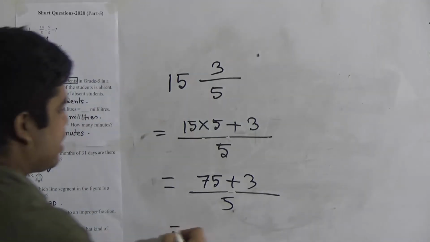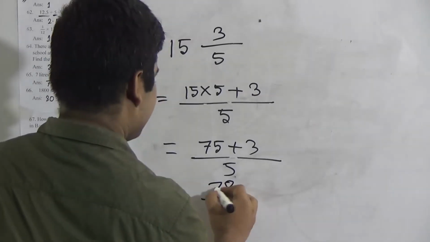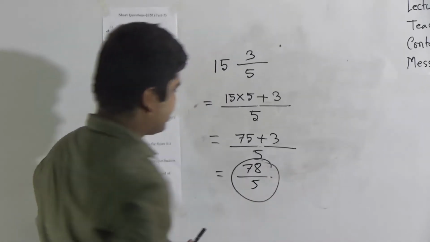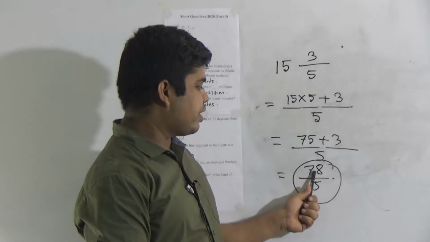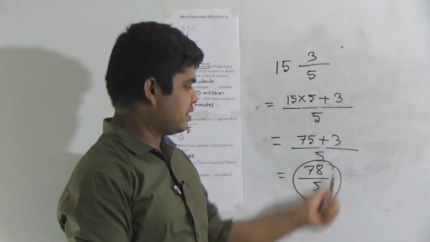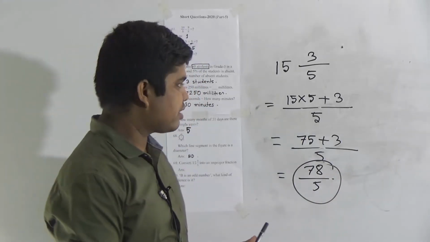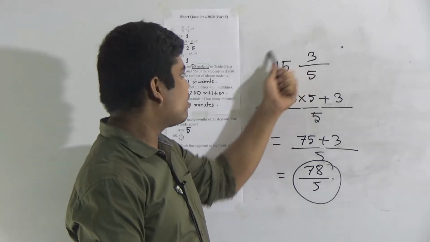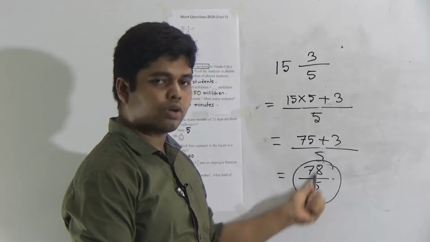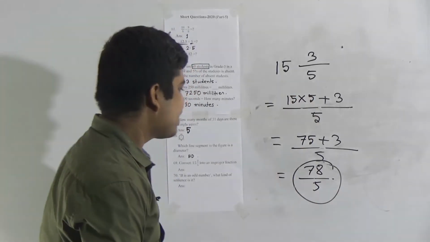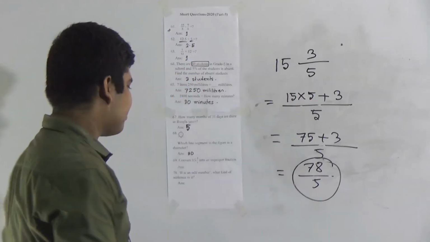Now we add 75 and 3 to get 78. So notice this is an improper fraction. Its numerator is greater than the denominator. For this reason it is called an improper fraction. So when we convert a mixed fraction into an improper fraction, we get this one from this one. 78 by 5 is the required answer.